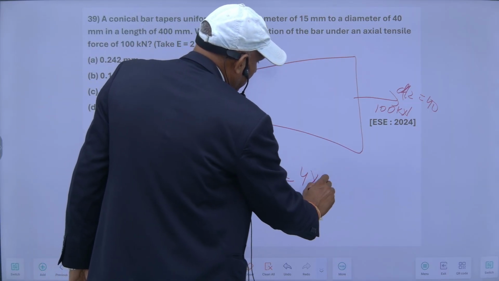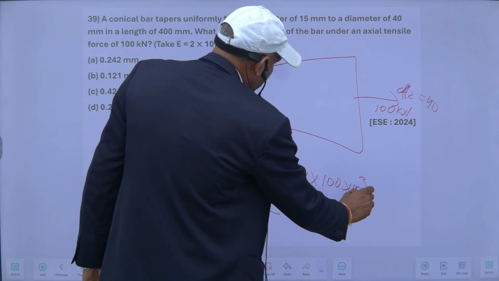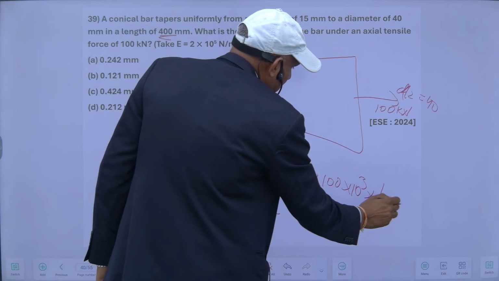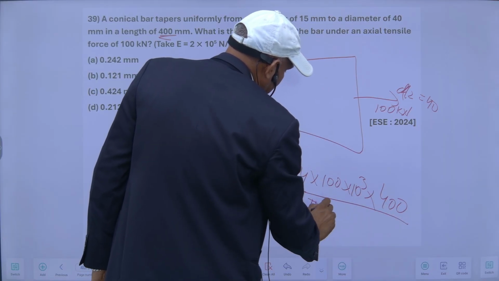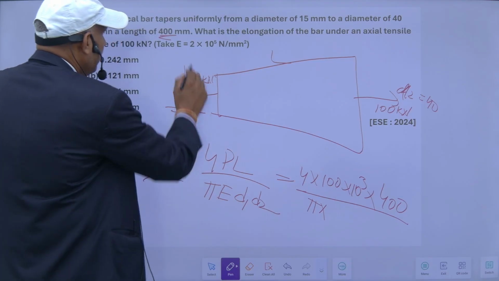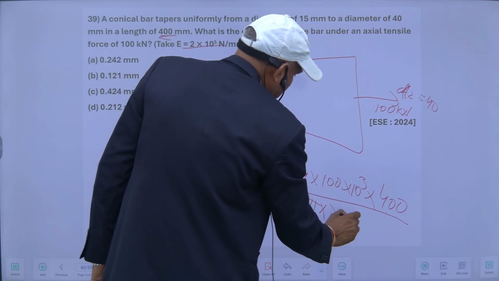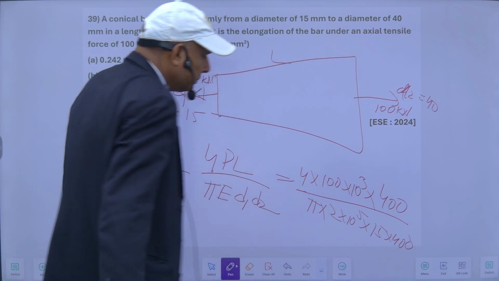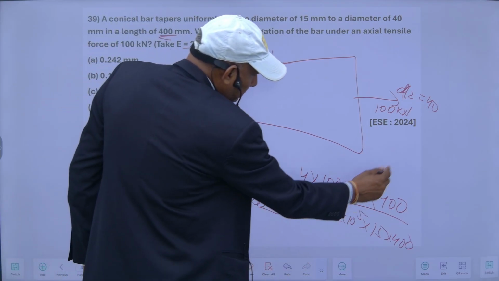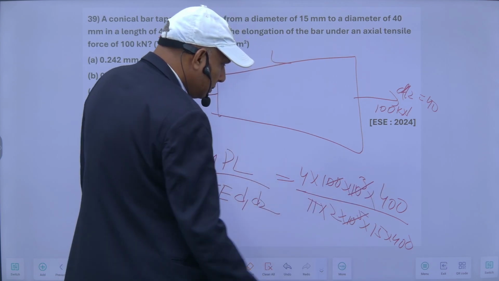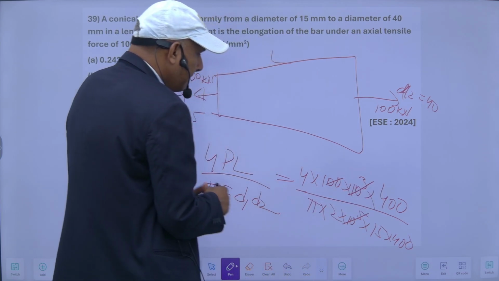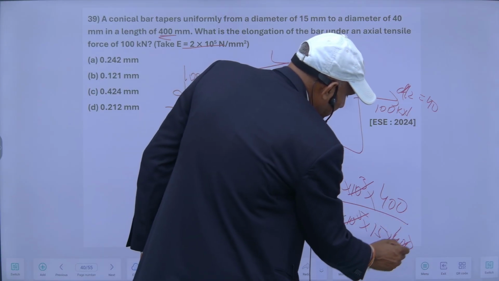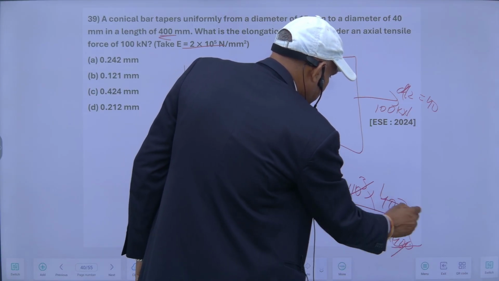So 4 into P, which is 100 into 10 raised to the power of 3, into the length, which is 400, upon pi into E, and this is D1 into D2. Oh, this is 40. So this will be 10.